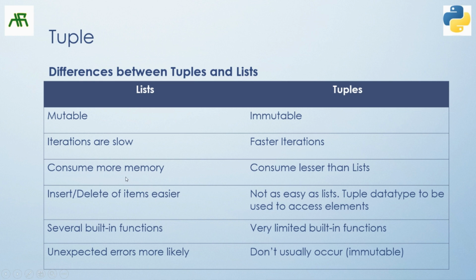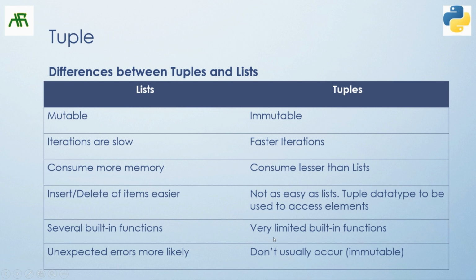Lists consume more memory, tuples consume less than lists. Insert or delete of items are easier in lists because they are mutable and the Python system allows that. But in the case of tuples, it's not as easy as lists. The tuple data type is to be used to access elements. A list has several built-in functions, whereas tuples have very limited built-in functions.